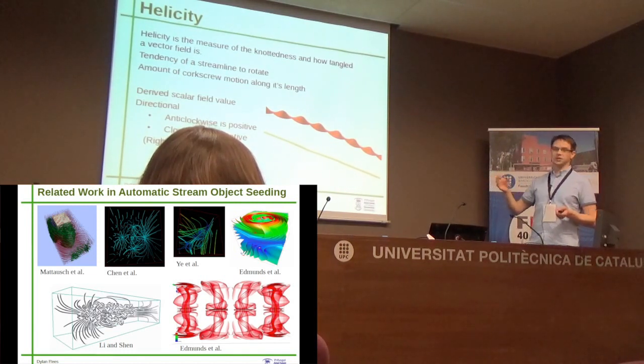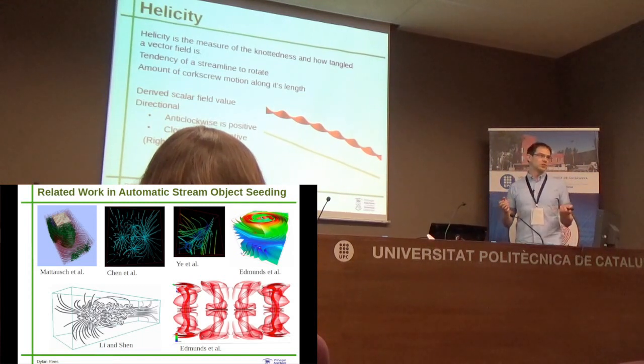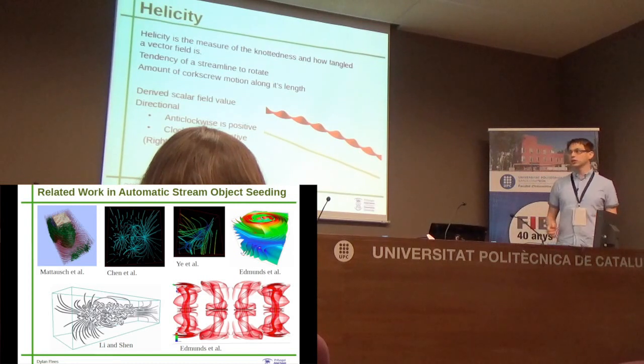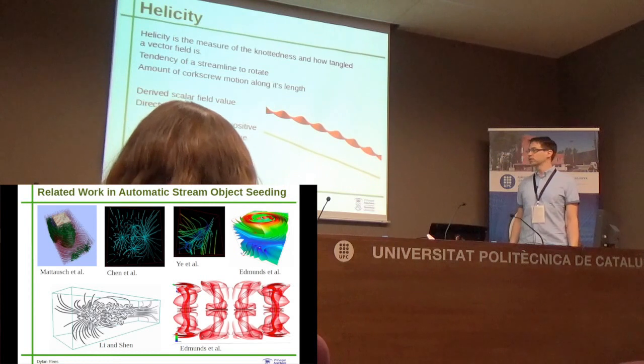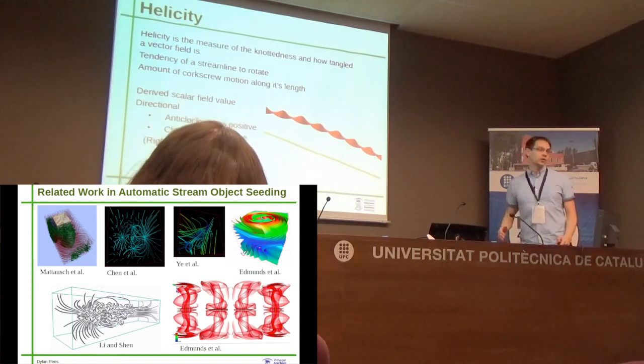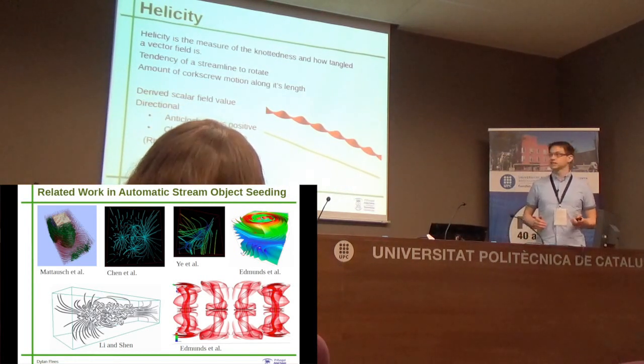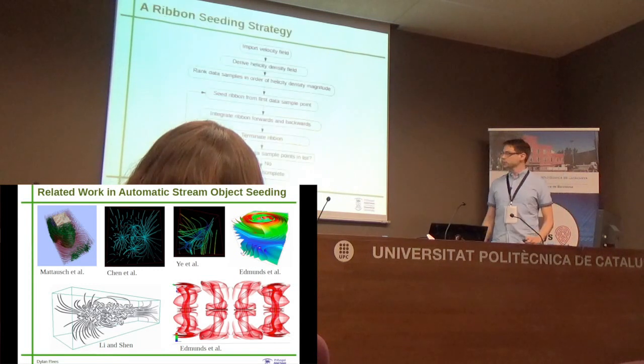Whereas at the bottom we've just got a straight stream ribbon, which shows that it's in the laminar flow. Helicity is a derived scalar field derived from the velocity vectors. Although it is a scalar field, it is, however, directional. Clockwise will be positive using the right-hand rule.